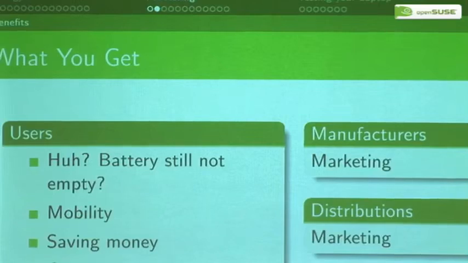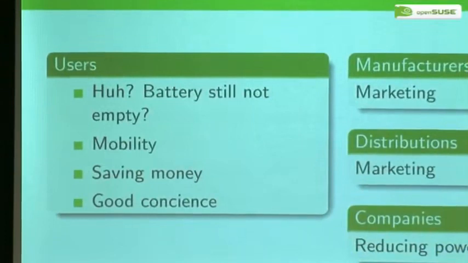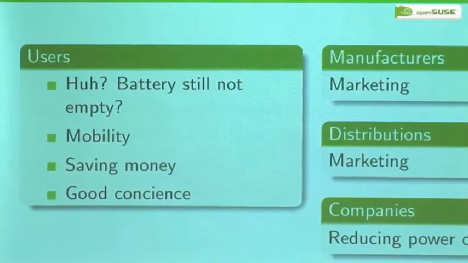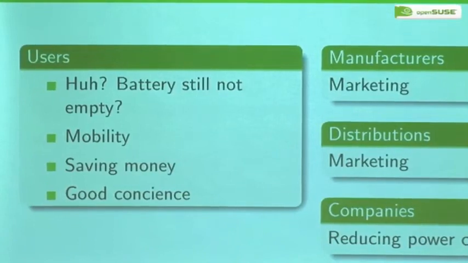Of course, the users want to run their battery as long as possible, so this increases the mobility, and they might even save money, not to a huge extent, but maybe a little bit, and maybe they even have a good conscience when doing something good for the environment when buying Energy Star products. For both manufacturers and distributions, I think their biggest advantage would be marketing, because power management is everywhere these days.